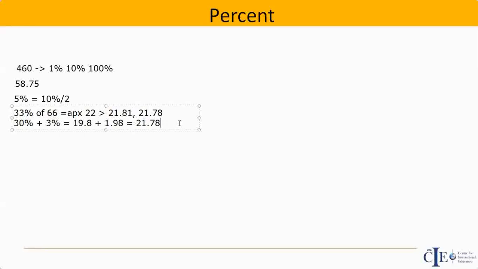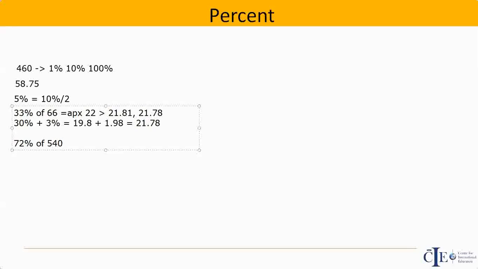Okay. Now, next, let's say we need to find something like, let's take it randomly, 72% of, say, a 540.